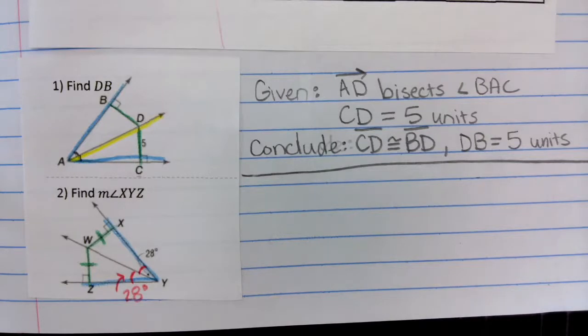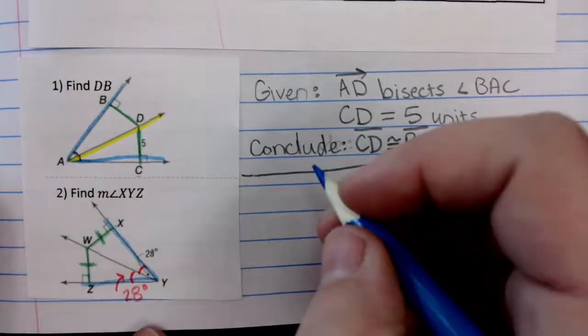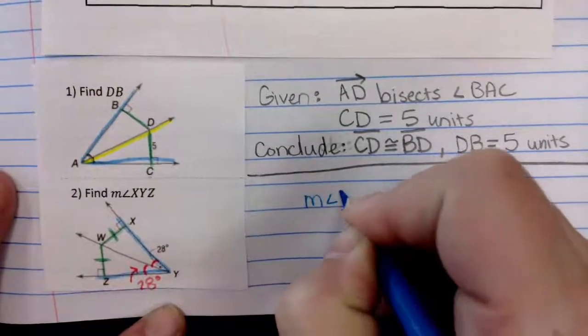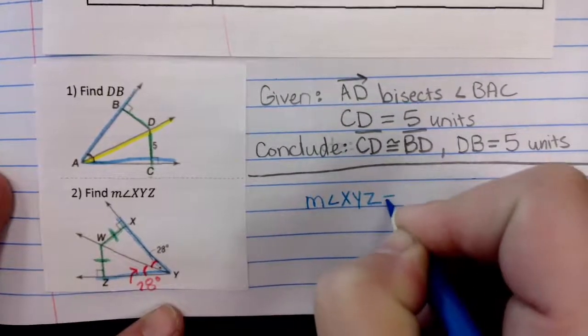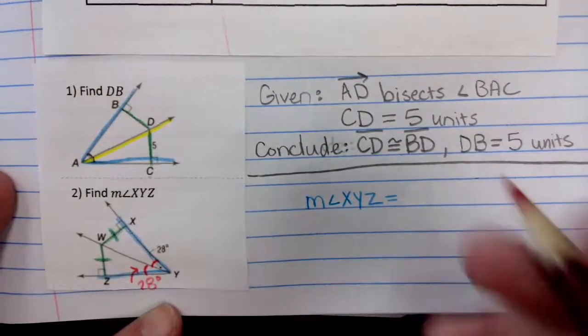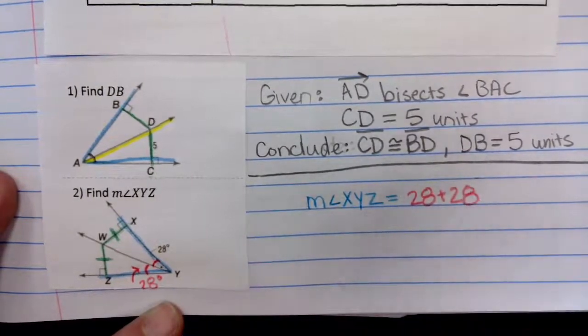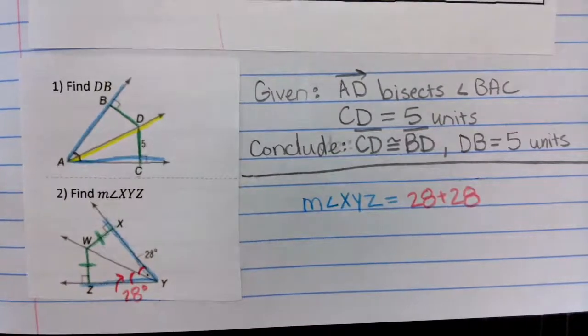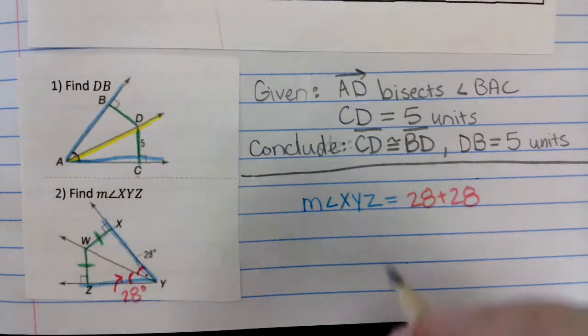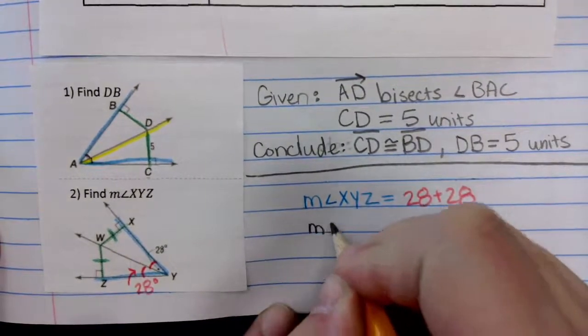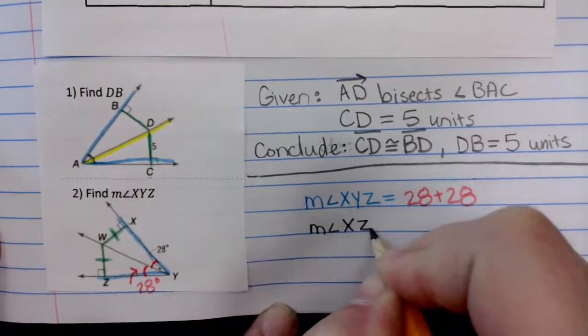The whole angle. So how am I going to find the angle of the whole thing? We add it together. And what is 28 plus 28? 56.